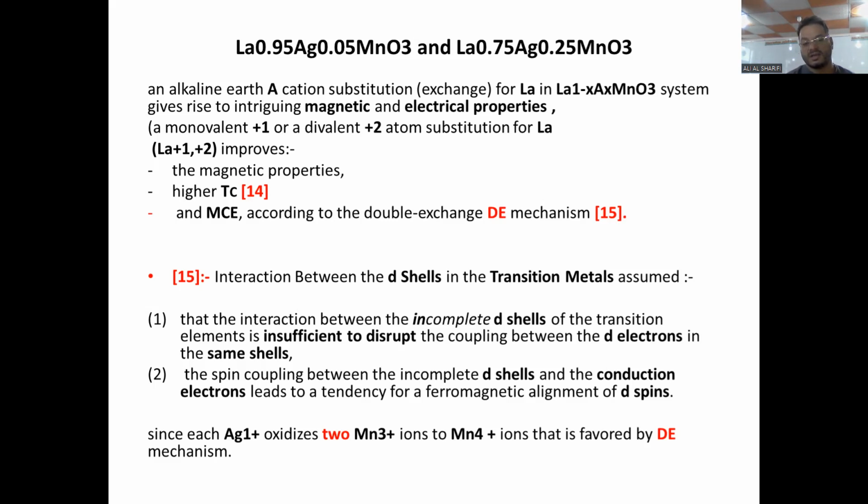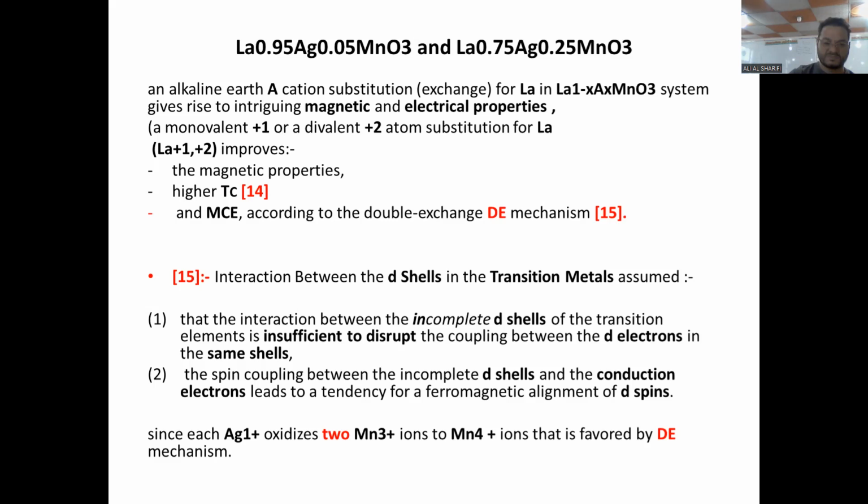Since each monovalent silver oxidizes two manganese 3 plus to manganese 4 plus ions, that is favored by double exchange mechanisms.